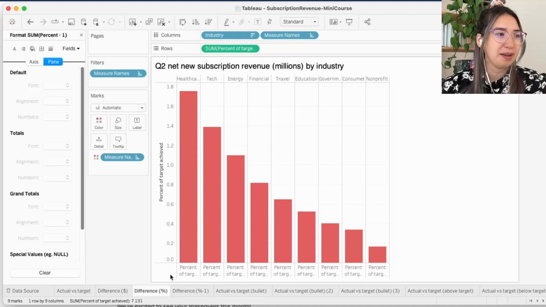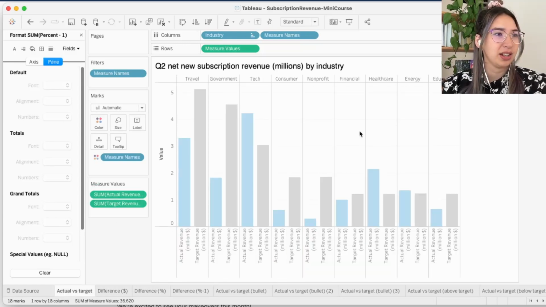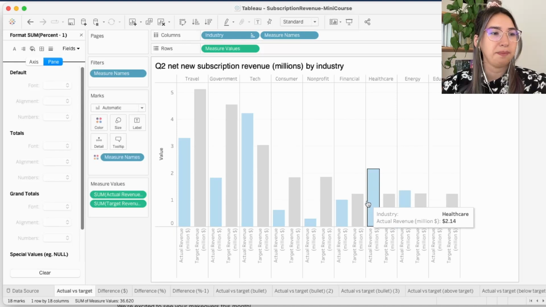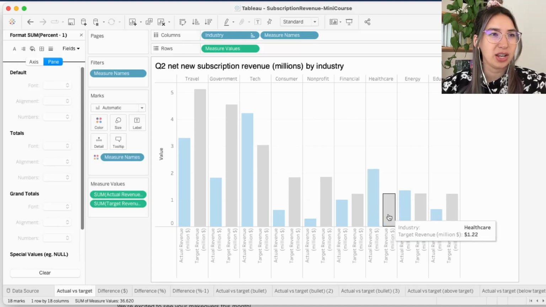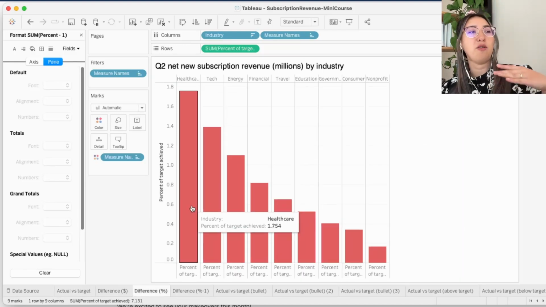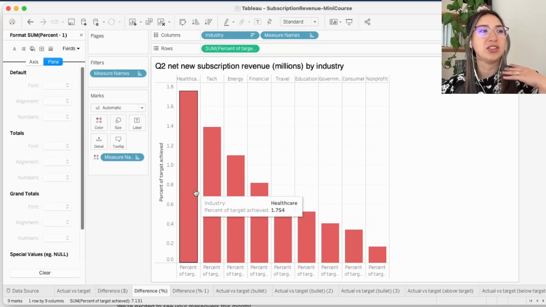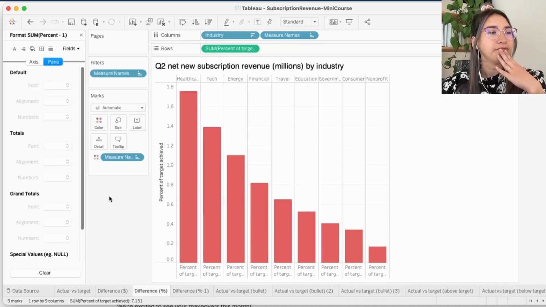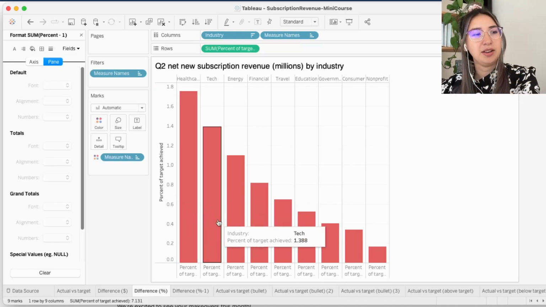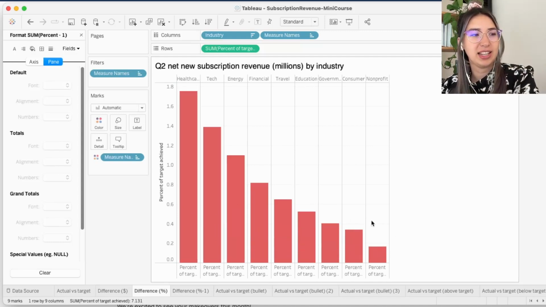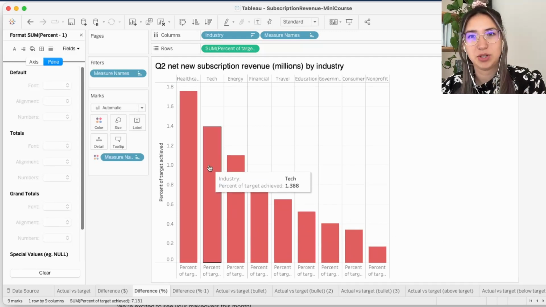So this is percent of target achieved. Let's go back to healthcare. Oh, this is hard. Healthcare, the target was 1.2 and the actual was 2.1. So they overperformed by the highest percentage. And then all the way down it's decreasingly doing worse and worse.